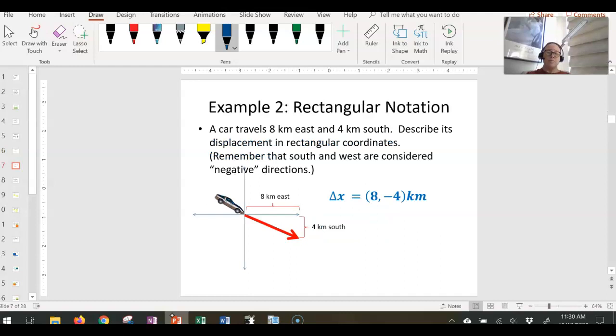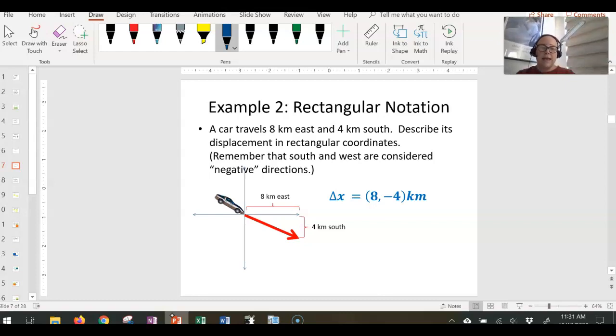Here's an example. A car travels 8 kilometers east and 4 kilometers south. And so it was displaced in a way that's shown by this red arrow. That red arrow is a vector, and it could be expressed in rectangular coordinates as (8, -4) kilometers.